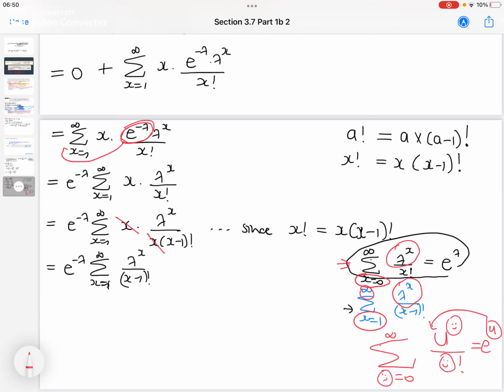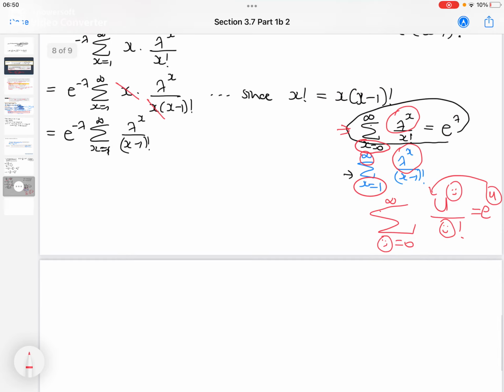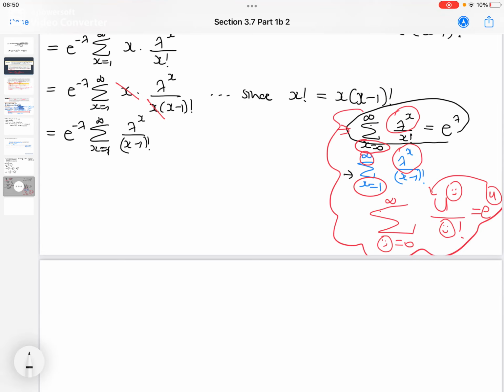So how can we make it the same? How can we, at the end, make use of this result here? All right, so we will multiply by a 1. Let me show you here.